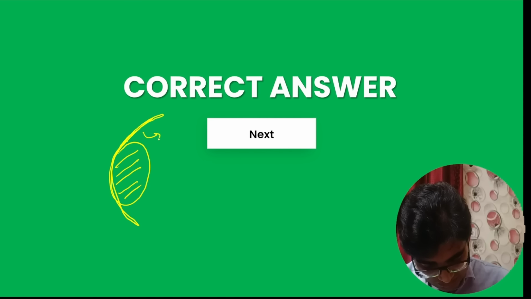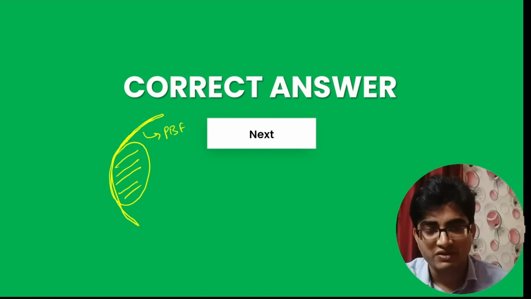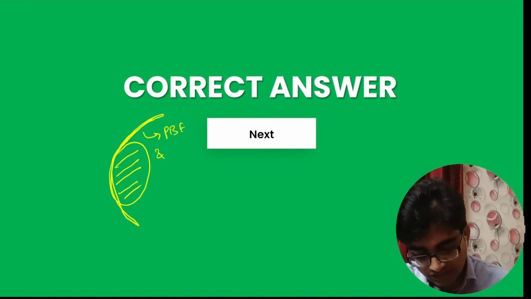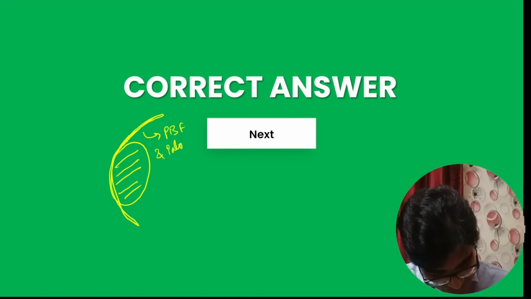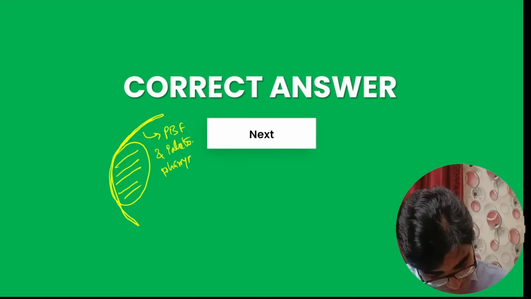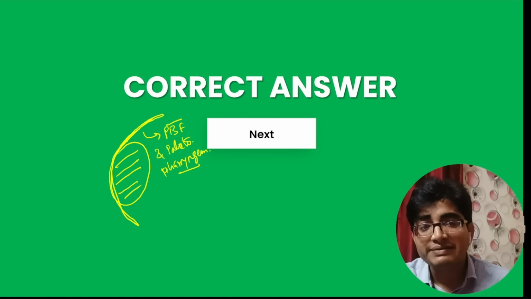Okay, so this is pharyngobasilar fascia, in short form PBF, and there is also the posterior pillar, that is the palatopharyngeus muscle. Okay, palatopharyngeus muscle.